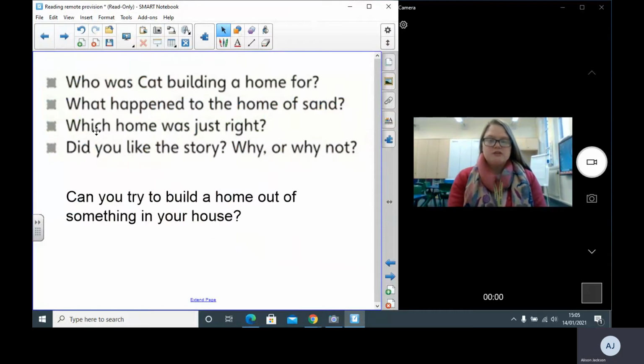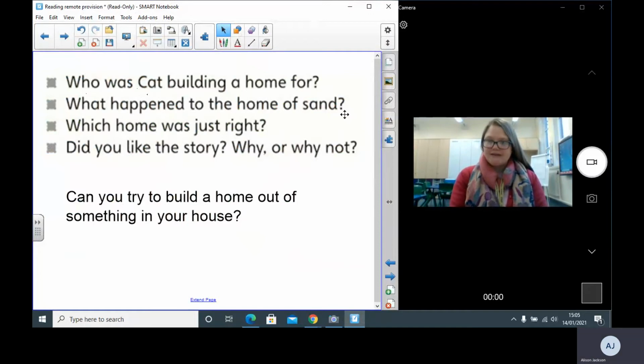Super. So now that we've finished reading it, we're just going to have a look at some more questions. So, who was Cat building a home for? The answer is Ted, her teddy bear. Let's look at the next question. What happened to the home of sand?